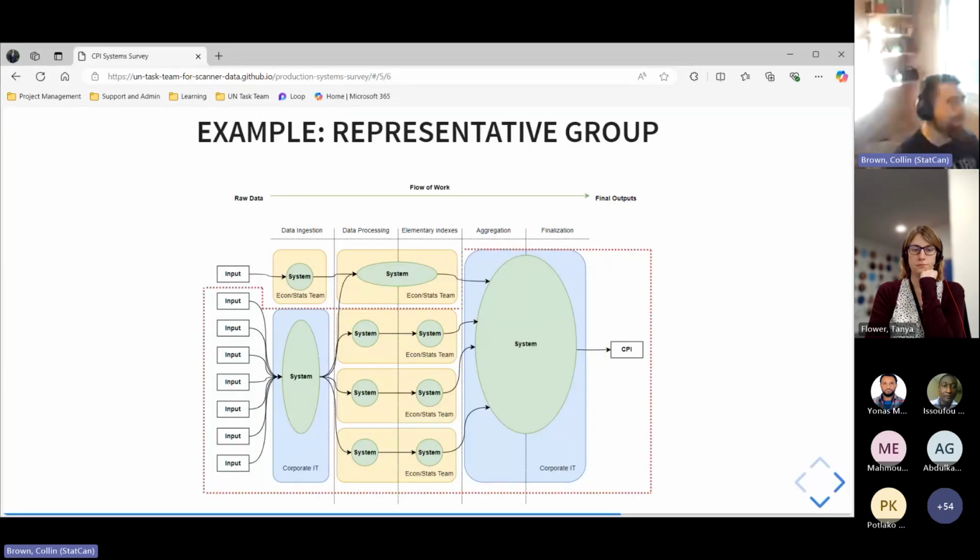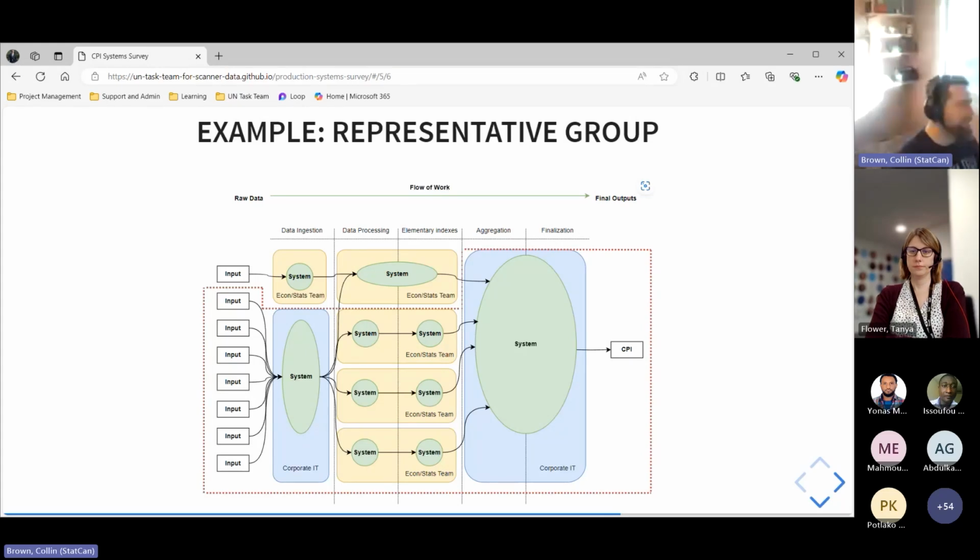So an example of what I mean by that would be there's an ingestion step done by that one system with that one corporate IT team. In this case, there's 3 systems, but they all behave the same way, right? There's a processing system, there's an elementary index system, they're owned by an economics and statistics team. And even though there's 3 of them, that doesn't really matter. There could be 3, there could be 5, there could be 10, but they all behave in the same way.